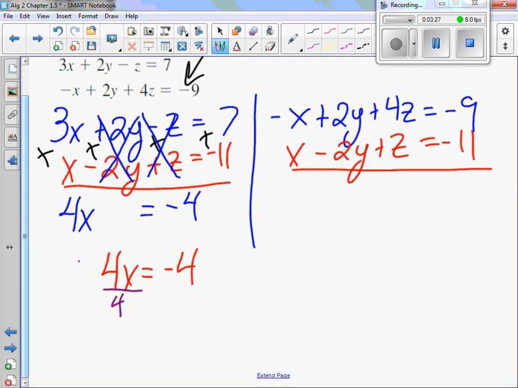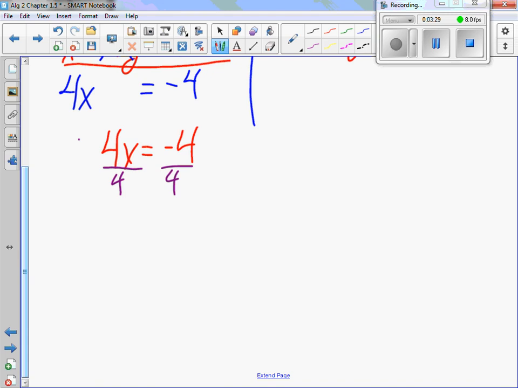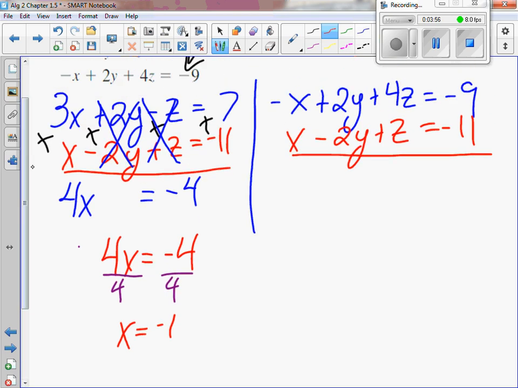We're dividing both sides by 4, getting x is equal to negative 1. I'm going to write this on the whiteboard so I can keep track of it up here just in case I erase it. But hey, we have one of the three already, don't we? So sometimes it'll work out nicely like that.